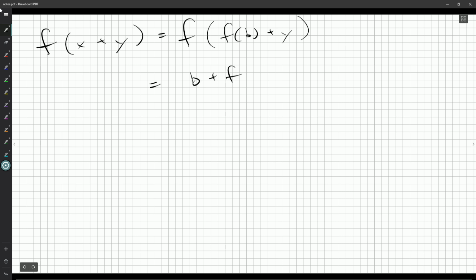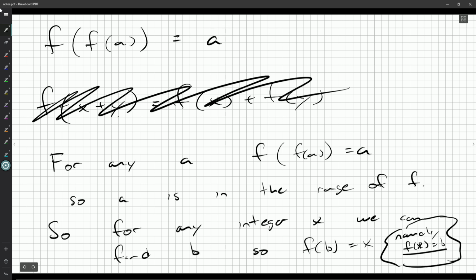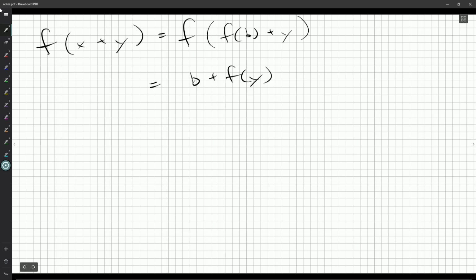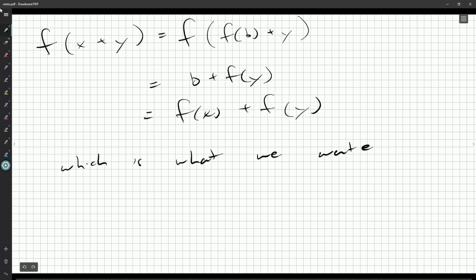It changes it to b plus f of y. Now what do we want this to be equal to? F of x plus f of y. That's what I'm trying to say. But what did we just point out? F of x must be b. Which is what we wanted.